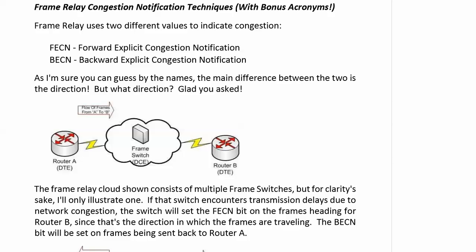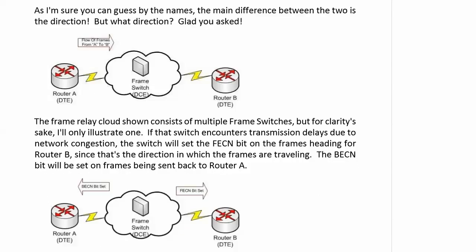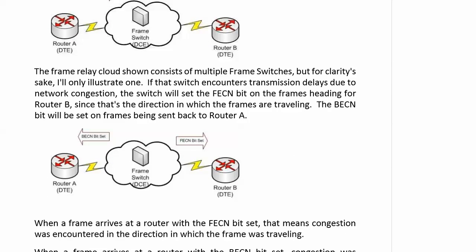And router B sees that FECN bit set and says, okay, we got some congestion, I need to take the appropriate steps for that. And the BECN bit will be set on frames sent back to router A. So that's the opposite direction, or the backward direction in which the frames were originally going. And the switch is just letting router A know, hey, we've got some congestion in here, maybe you need to slow down a little bit, maybe you need to take some action there.